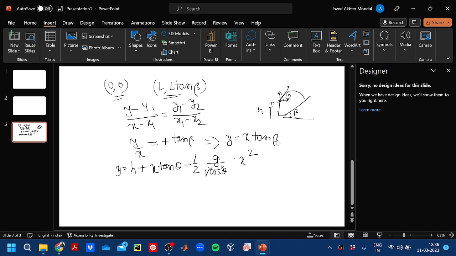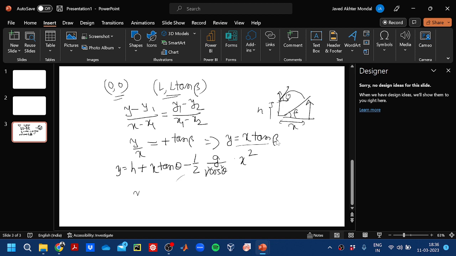So when this ball will touch this inclined plane, basically at a fixed value of x, when this y value will coincide with the height of the trajectory of the ball, then the ball will touch the inclined plane. So that means when these two equations intersect each other, in that case it will hit. So the y value will be same.